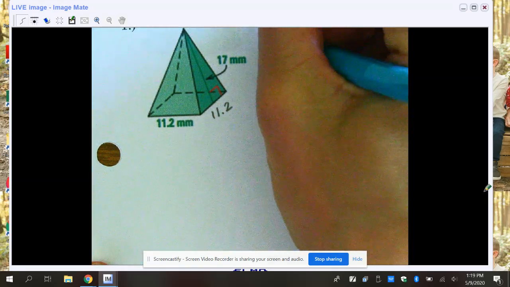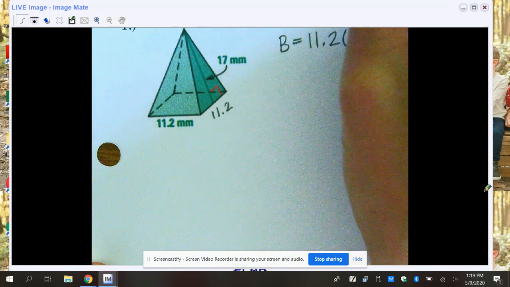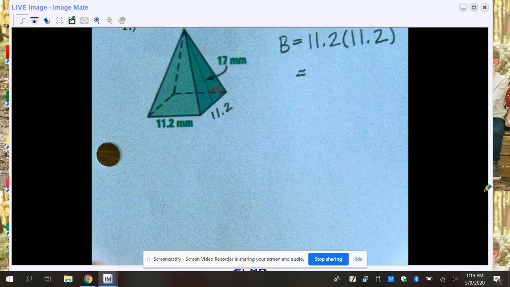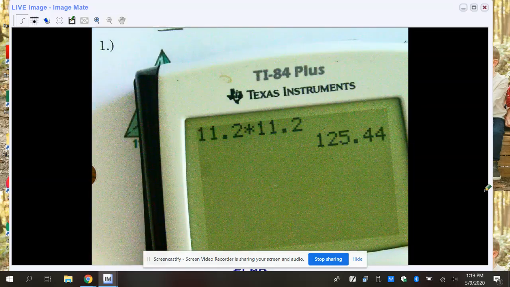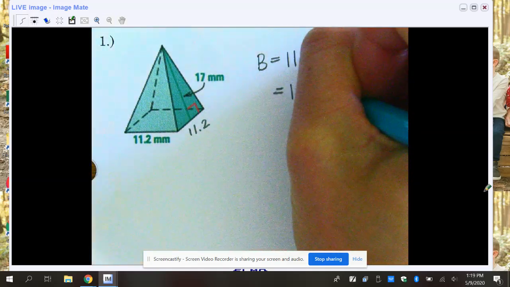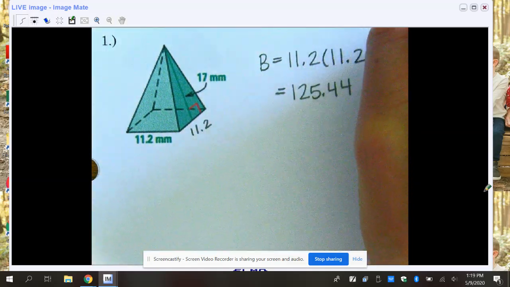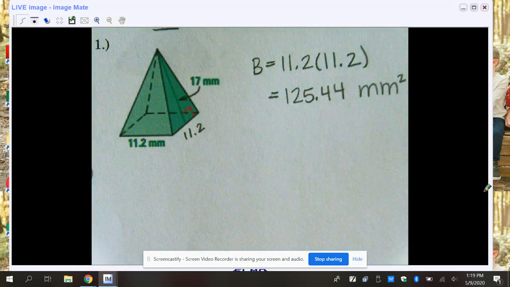And so I know that the area of the base is going to be 11.2 times 11.2, which is going to be 125.44. Okay, so there's the area of our base.